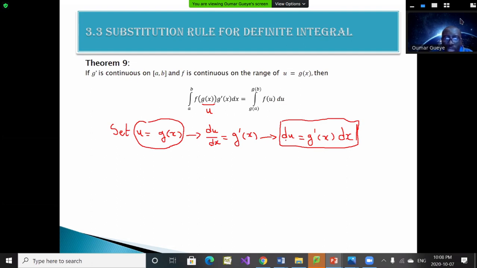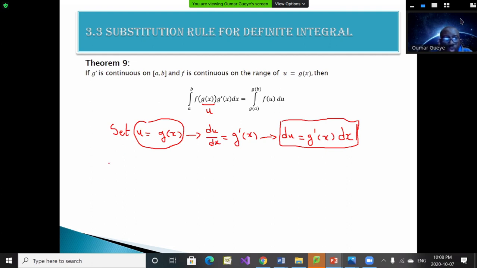So that's why I need to calculate du first in order to substitute. And since I use my substitution, I need to find the new interval of integration, because at the beginning my integral was performed over the interval from a to b, which is the interval for the values of x. Since I'm integrating with respect to u, I have to find the interval of u.